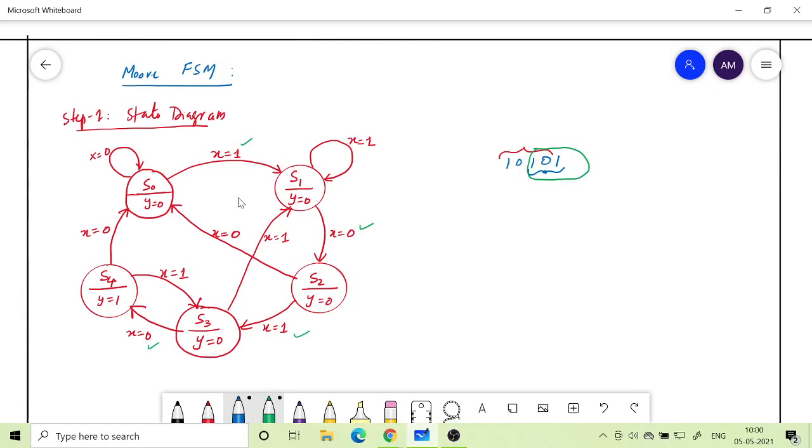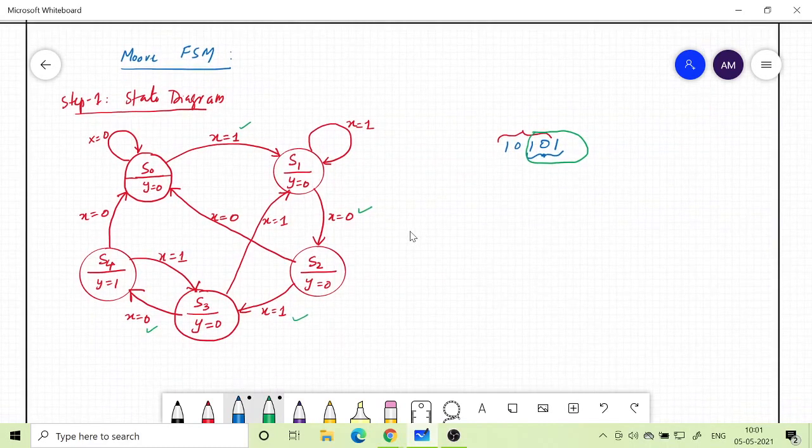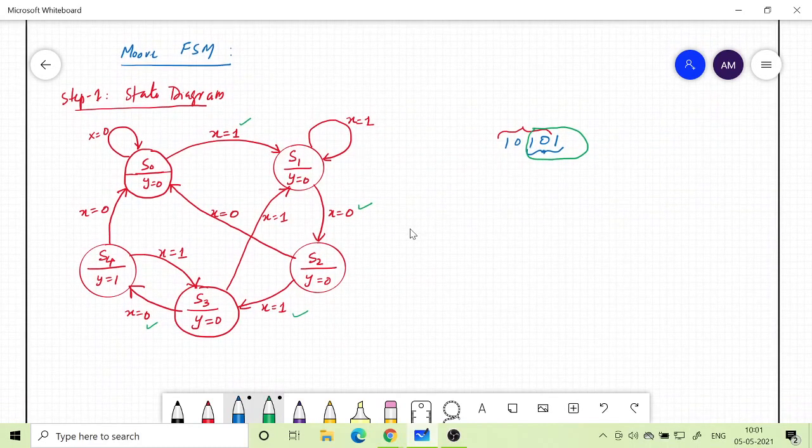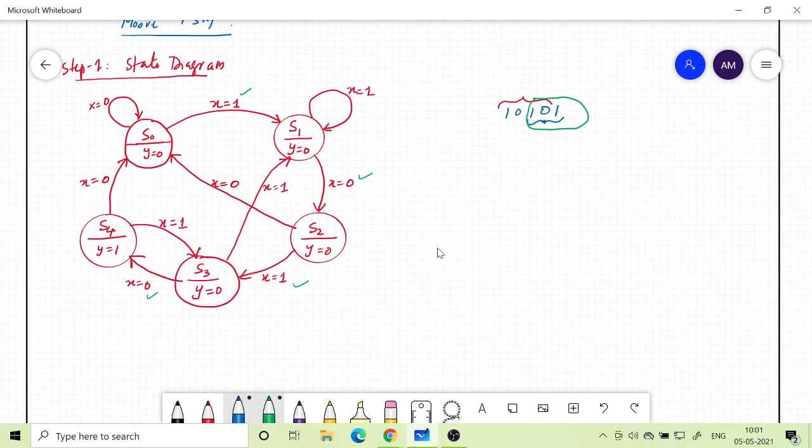But if it is a 0, then 2 successive 0s are not part of the sequence, and I need to go back to the beginning. Okay, so I have the state diagram. It is slightly different for the Moore FSM, finite state machine. Now the rest of the procedure is going to be exactly similar.